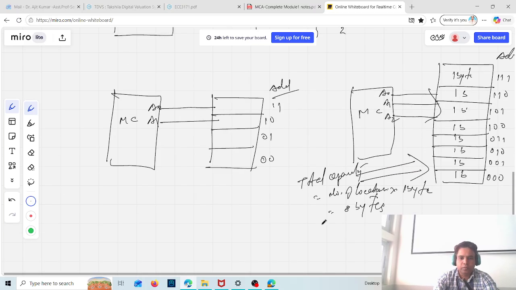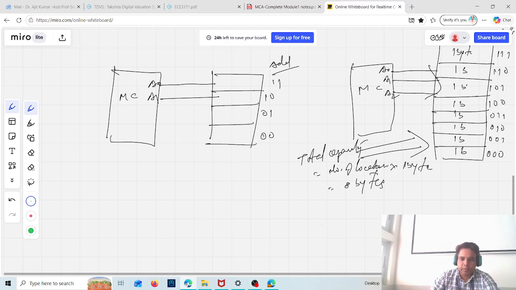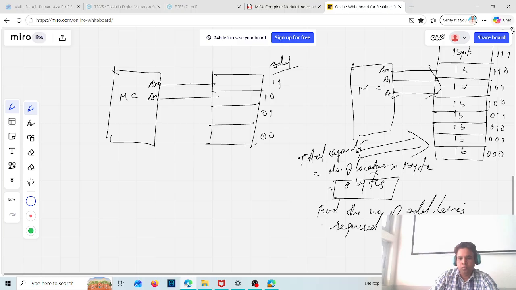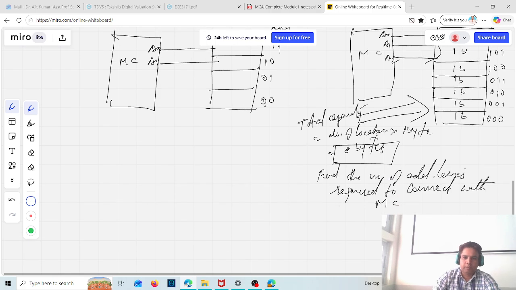Now, if you try to go in reverse, suppose the memory chip capacity is given and you are asked to find the number of address lines required to connect with the microcontroller, there is a way to find this. What is that way? You write this 8, the total memory chip capacity, in the power of 2.